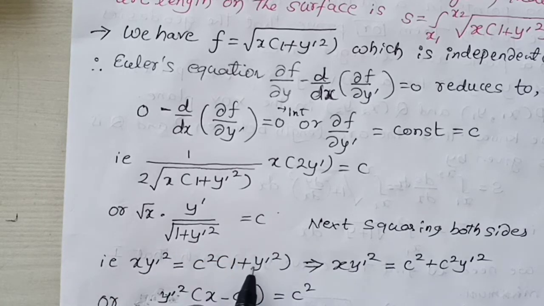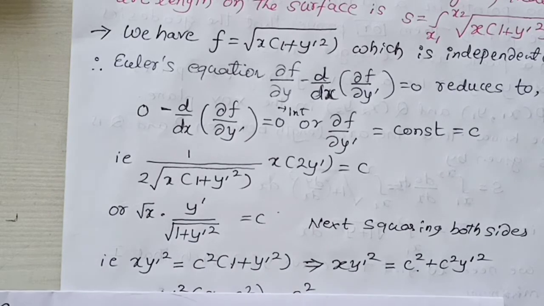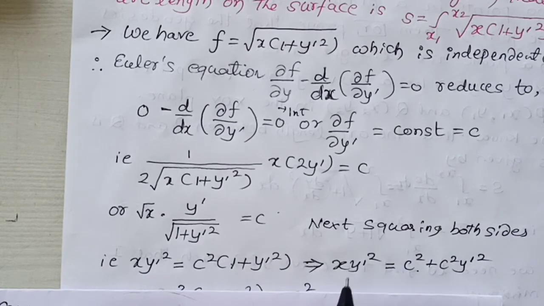Cross multiplying, x y dash square equals c square into 1 plus y dash square, that is c square plus c square y dash square. Taking y dash square to this side, it will be x minus c square.